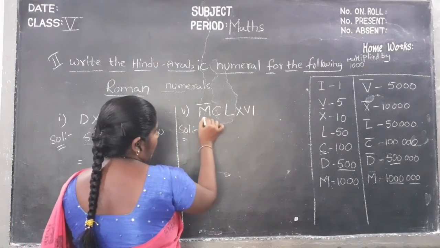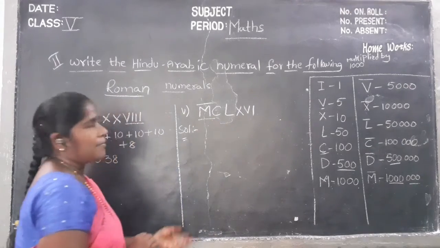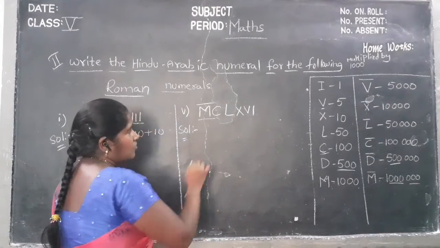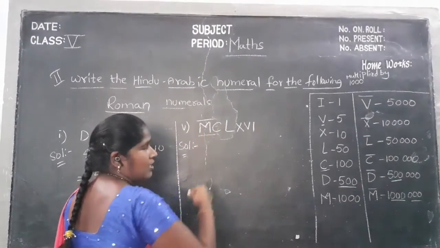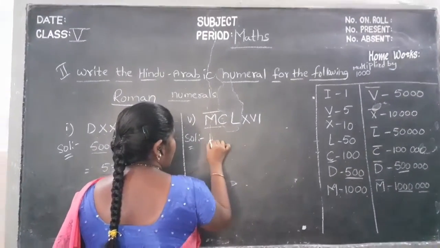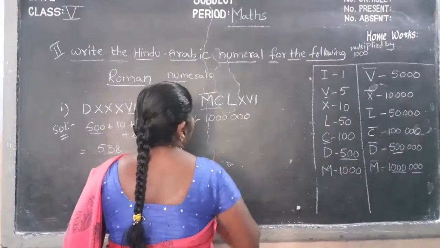Next one, M bar. First we want to know M. M means 1,000, and bar means we multiply by 1,000. So M bar means 1,000 thousand.